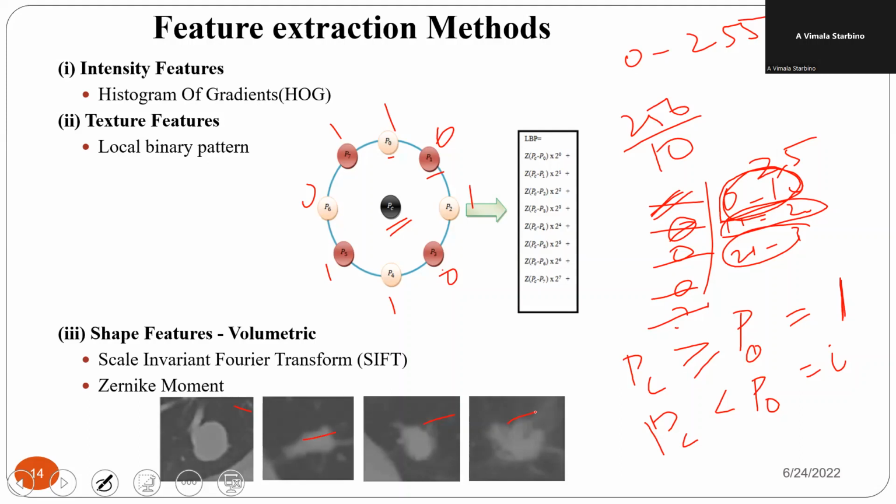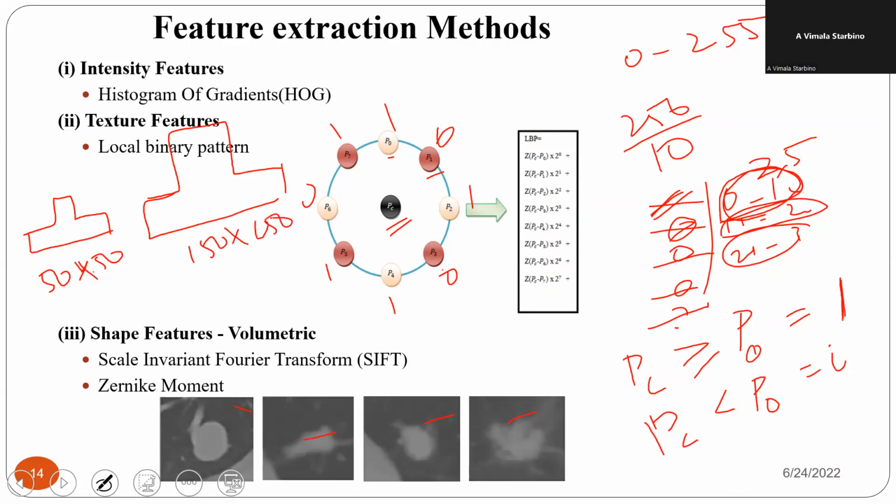That means, in the test image I'm giving this shape, let it be 50 cross 50. In the training image you will have this type of image, maybe 150 cross 150, let's take that as an example.